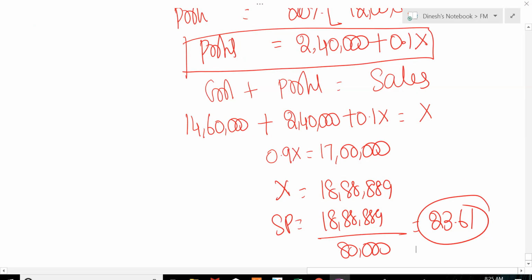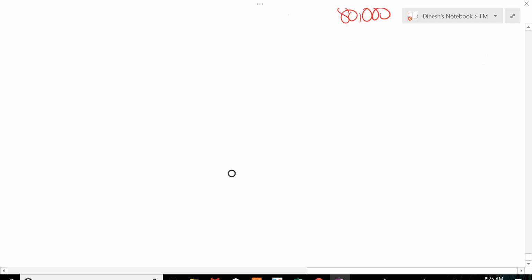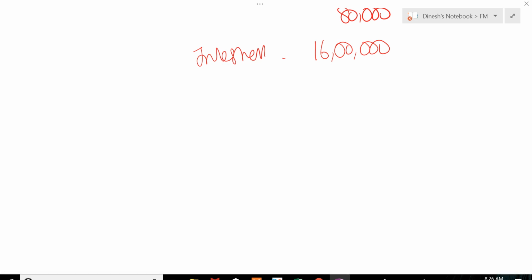The investment is how much? 30% of 40 lakhs plus 4 lakhs. Investment is 16 lakhs. Any doubts on this? 30% of 40 lakhs plus 4 lakh of working capital. Can we proceed?